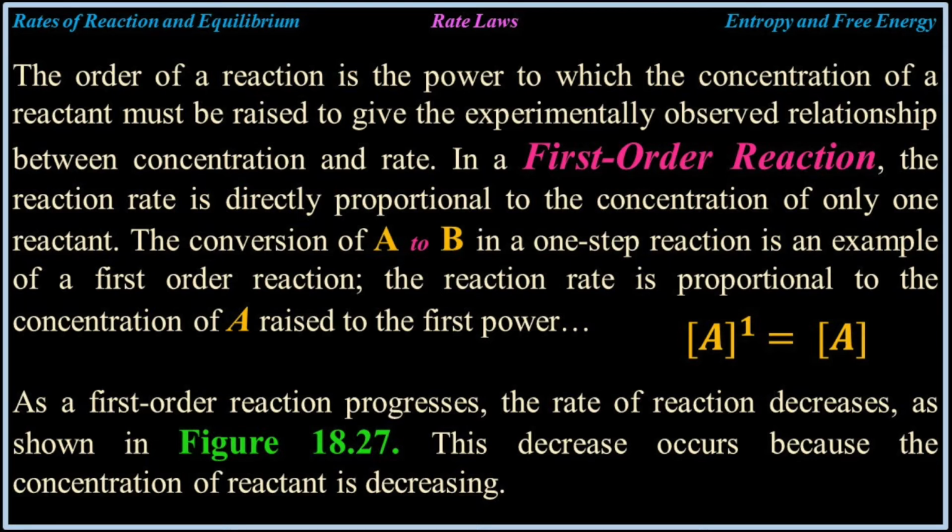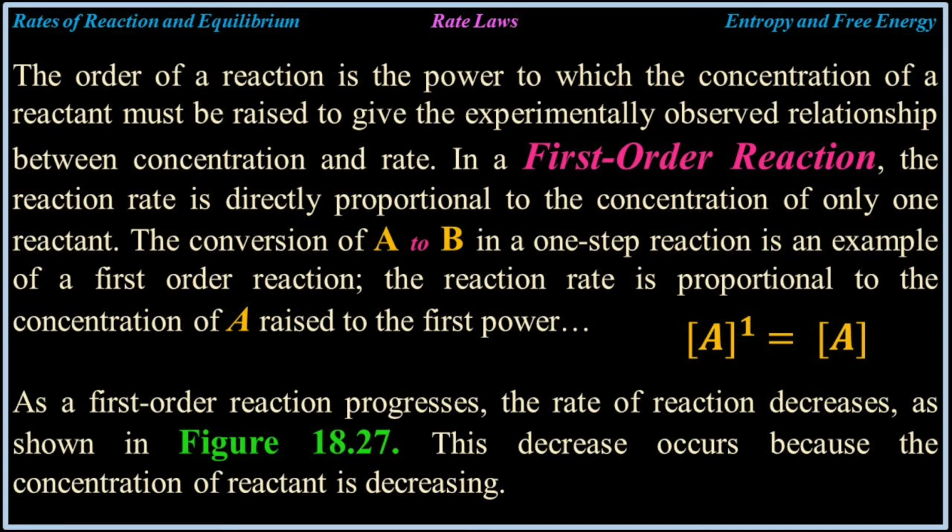In a first-order reaction, the reaction rate is directly proportional to the concentration of only one reactant. The conversion of A to B in a one-step reaction is an example of a first-order reaction. The reaction rate is proportional to the concentration of A raised to the first power.